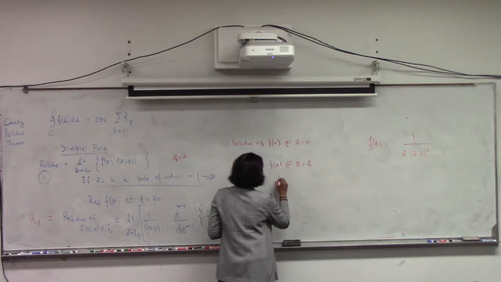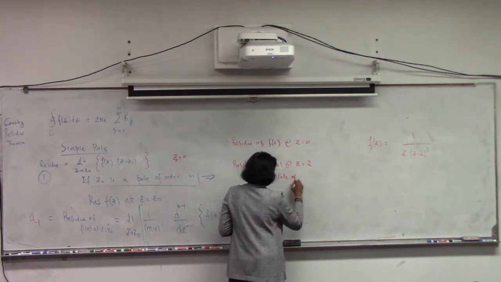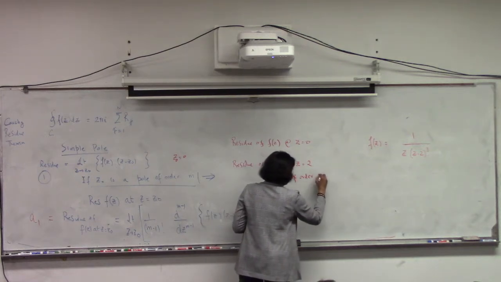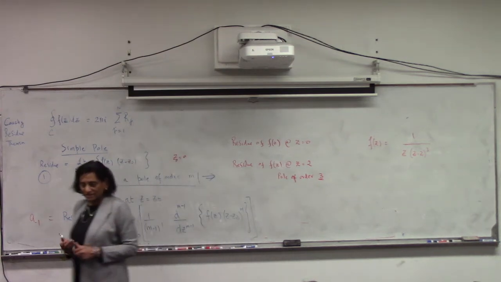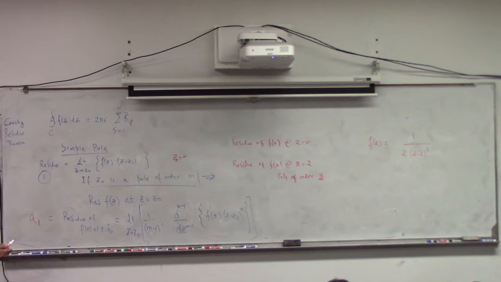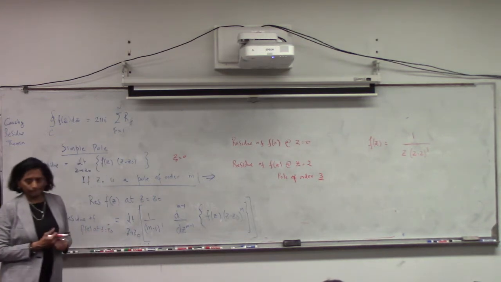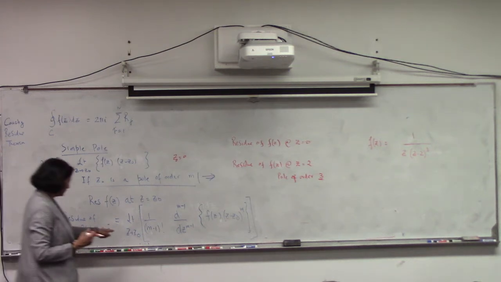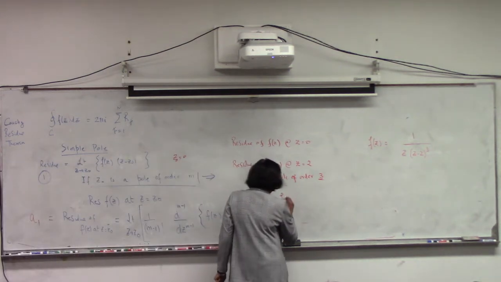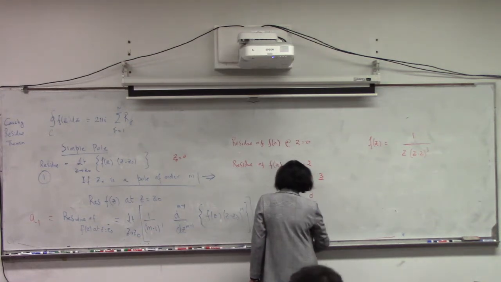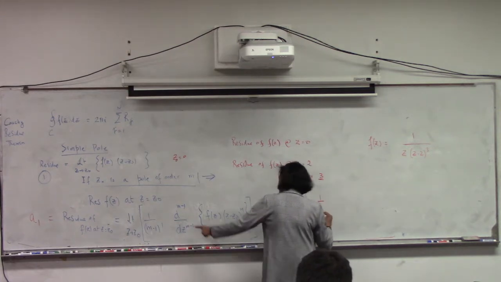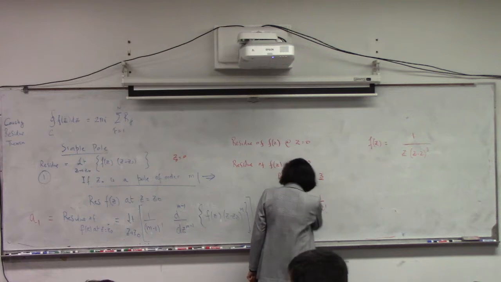Now what about the second case? z equal to 2 is a pole of order 3. It's not a simple pole. So what is the formula for calculating the residue? The limit as z goes to 2 of 1 over (n minus 1) factorial, don't miss that, okay. 3 minus 1 is 2 factorial.